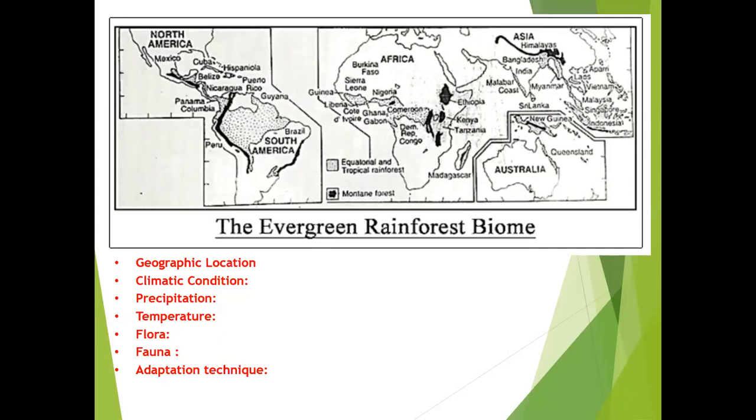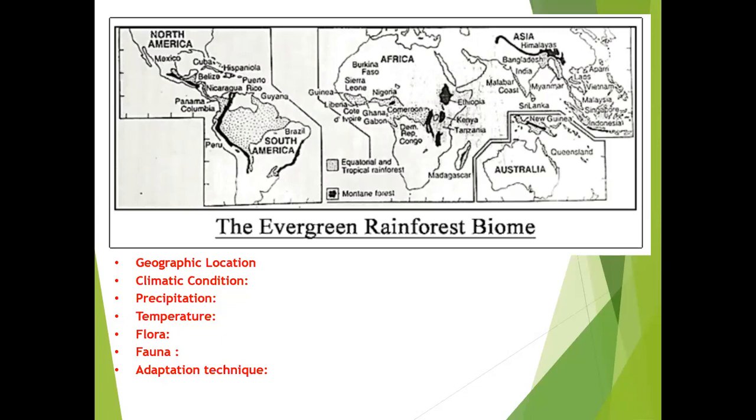In the tropical evergreen forest, precipitation is very high, more than 200 centimeters of annual rainfall. Temperature is also very high, and because of the very high temperature and precipitation, you'll find a canopy-like structure.